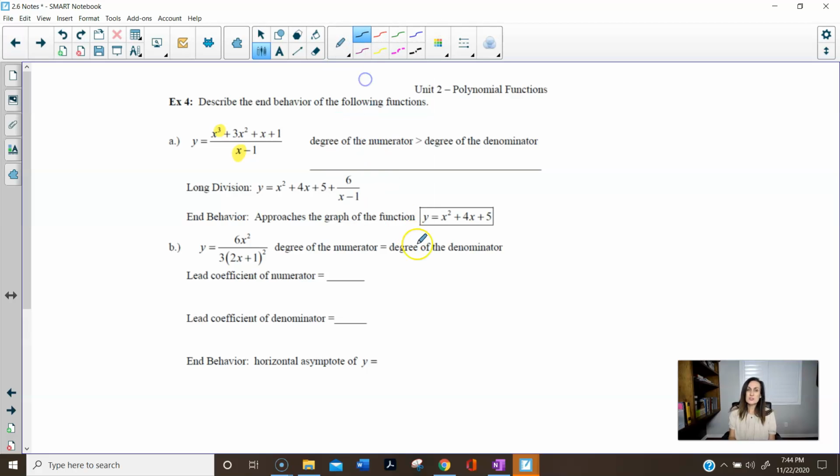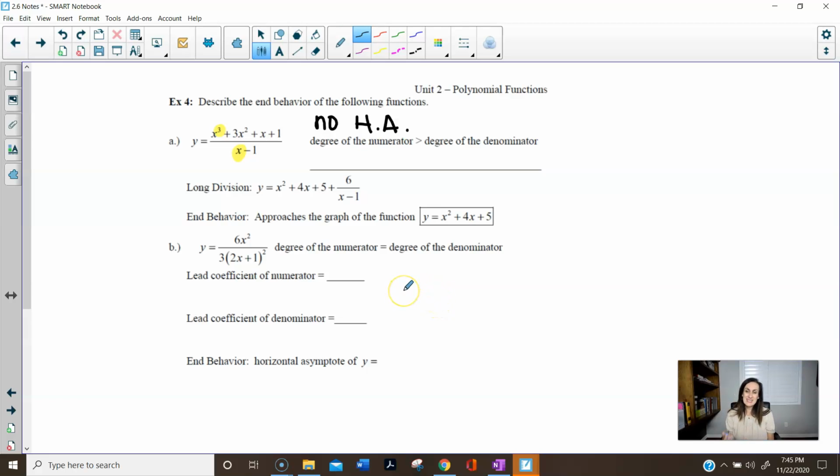So we know for top heavies, there is no horizontal asymptote, all right? Because there's no horizontal asymptote, that basically means that you're not going to have a limit. So not only is there no horizontal asymptote, but there's no limit.